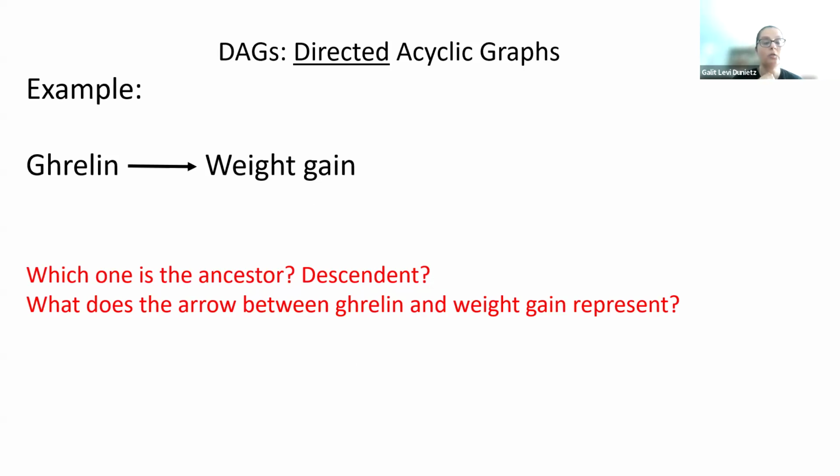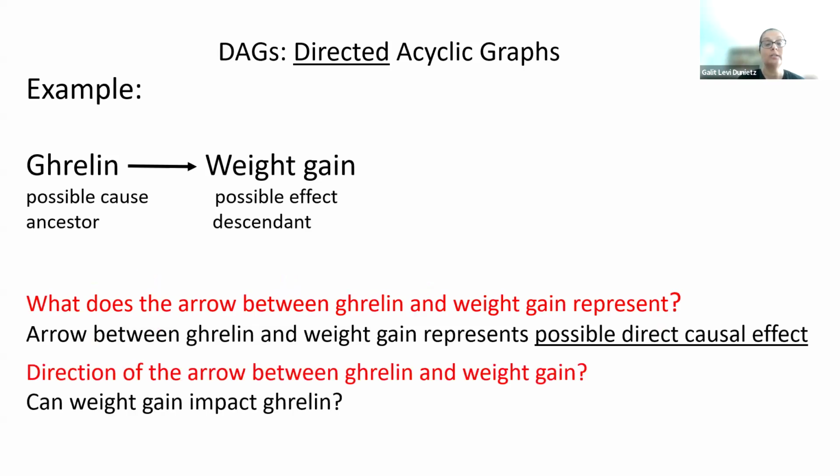It's a direct relationship. And we know from this DAG that ghrelin is the ancestor and weight gain is the descendant. But the question is, can weight gain impact ghrelin? Can we reverse the arrow here? Is it possible?